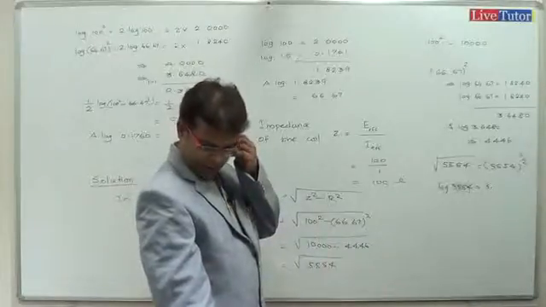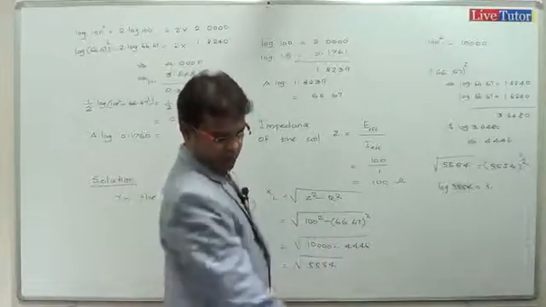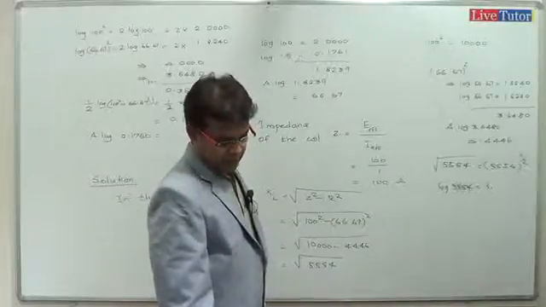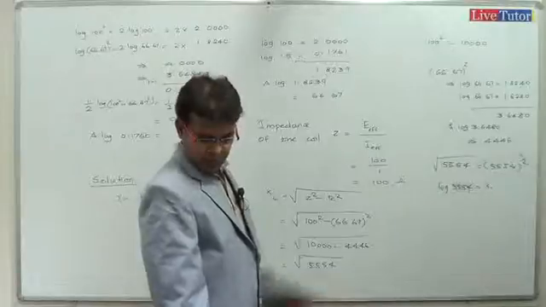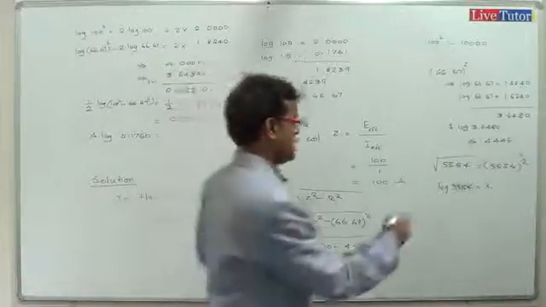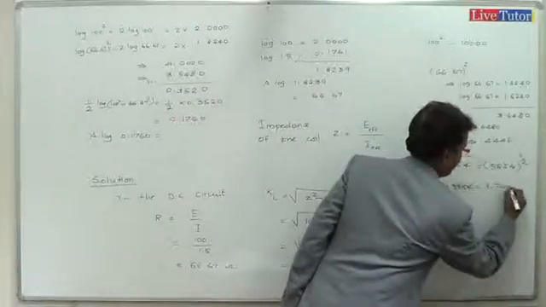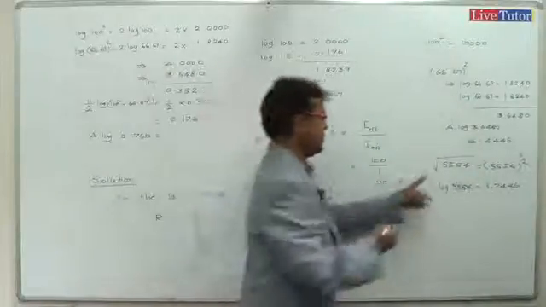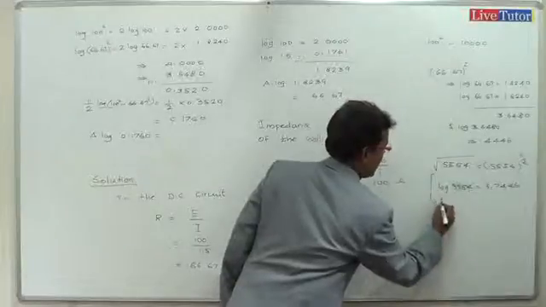55, 54, 55th, fifth column difference, and then fourth difference. 7446. Okay. Now since it is square root, you have to take this as half log.